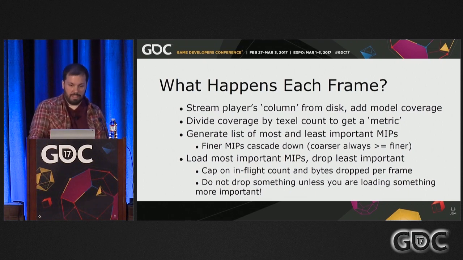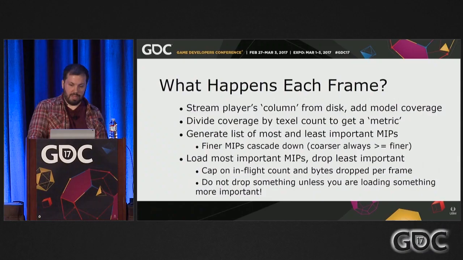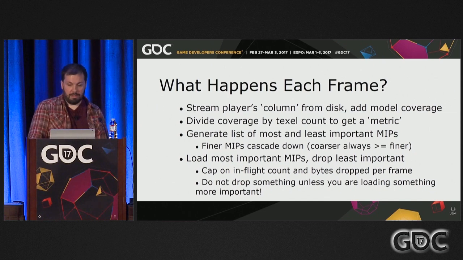So each frame then, we make sure we've streamed in the player's column from the disk, we add the model coverage to it, we take that coverage and we divide it by the texel count for the particular MIP level that it's associated with to get a metric of cost versus benefit. And from there, we can generate a list of the most important MIP levels that we don't have loaded and the least important MIP levels that we do have loaded. And we try to drop less important MIP levels in order to load important ones. And this is capped at some rate so that we don't burden the GPU too much.